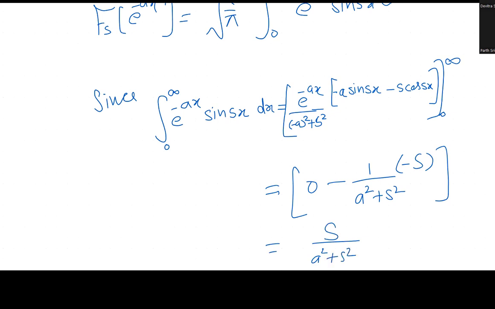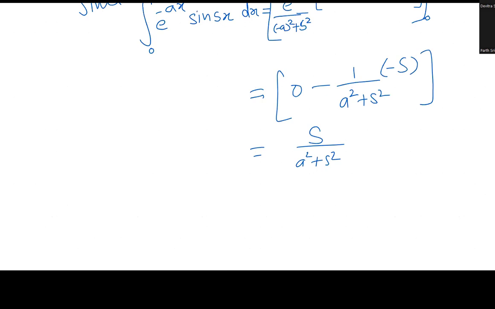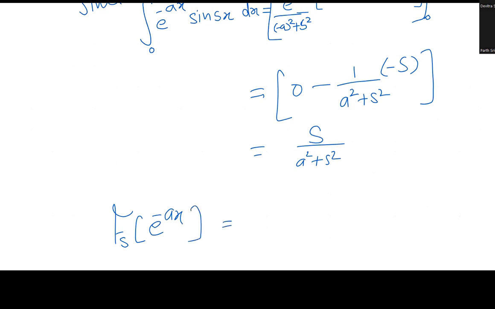Now we can find Fs for e to the power minus ax, which is equal to square root of 2 by pi into s over a square plus s square.